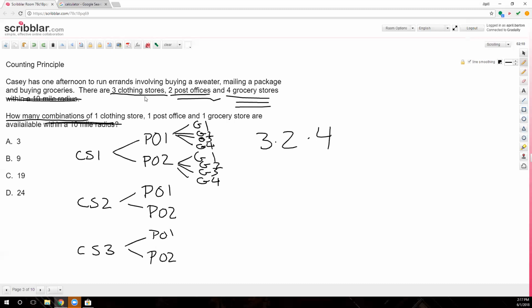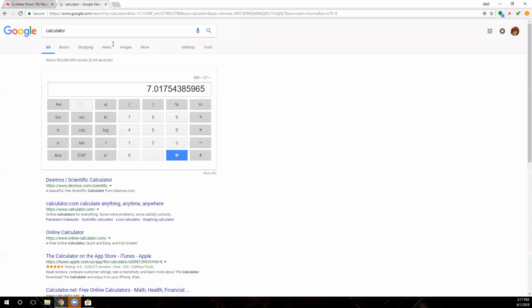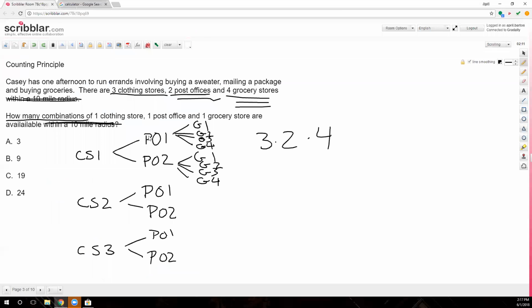It's just remembering I can use this process of multiplying them together to get my final answer. And always just use your calculator. It's easier to not make mistakes if you're typing it in and you can look back. So 3 times 2 times 4, 24 total choices.